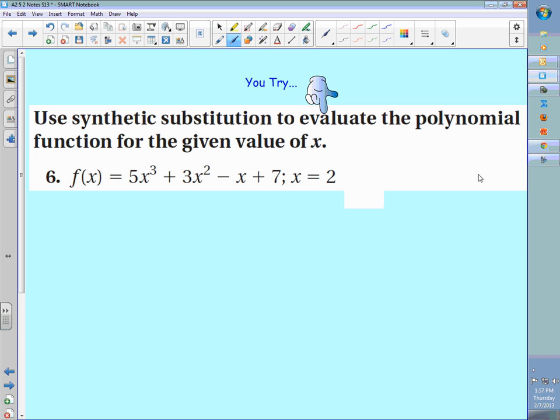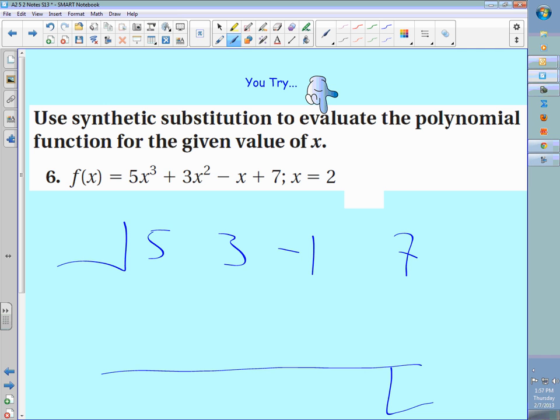All right, so real quick, we have a 5, 3, don't forget this is -1 and 7. Not a +1. Okay? And for x, we're putting a 2.